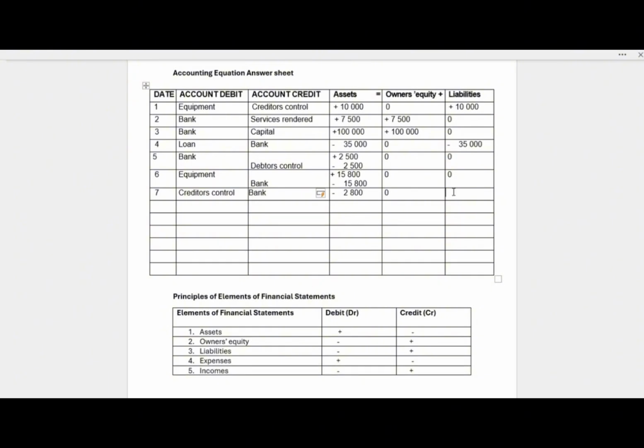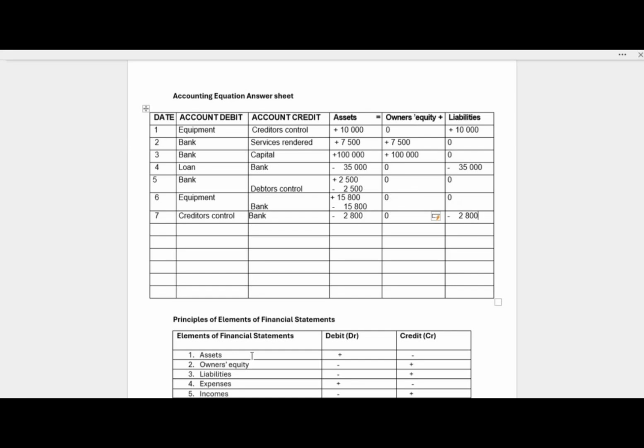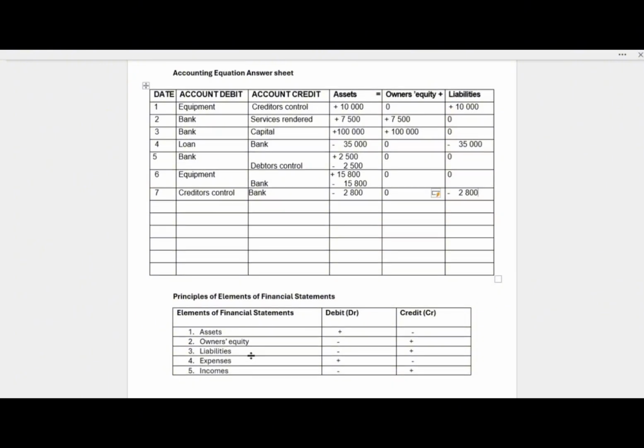There's a decrease in our liabilities because we paid them, right? 2,800. All right. So that's how we record transaction number 7. Please remember, you do not just record, you also have to align with the principles of the elements of financial statements. That's how you're going to prepare a good accounting equation, and you will never get 0 as long as you follow the principles of the elements of financial statements. Right. So let's go to the next transaction.